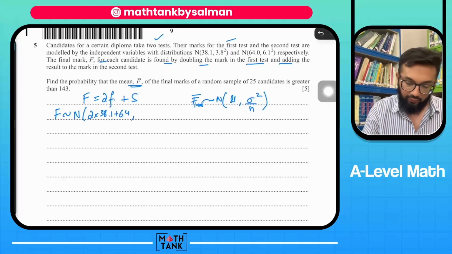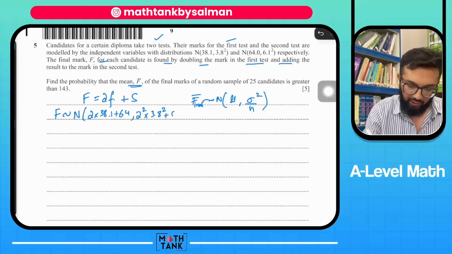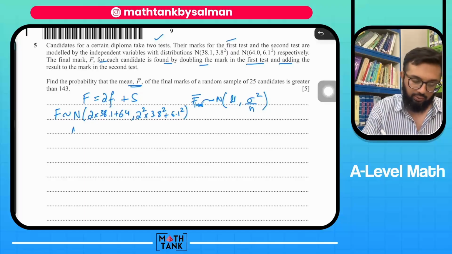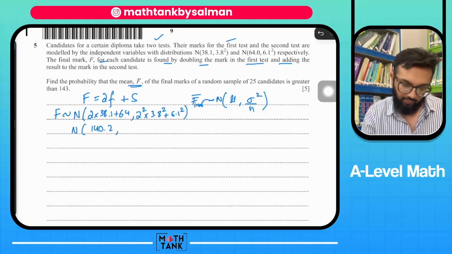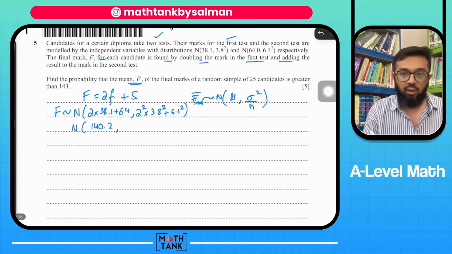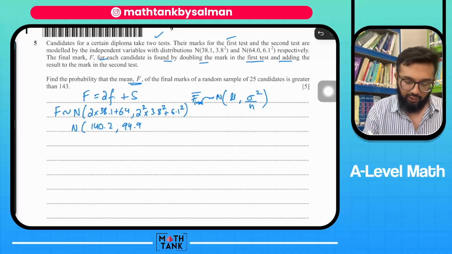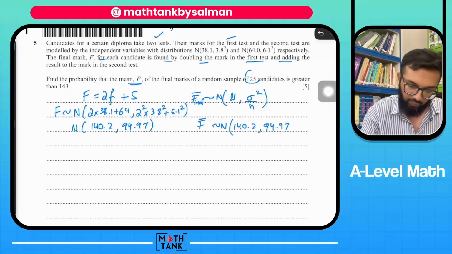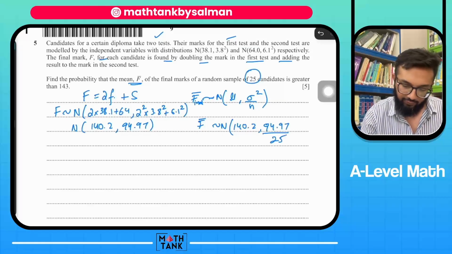Now for the variance, since I've doubled the marks, it's going to be 2 square times 3.8 square plus 6.1 square. Okay, I get a total. What is my total? It's 140.2. And for this, I have the total 94.97. Okay, then F bar should have a normal distribution with 140.2 and 94.97 divided by 25.